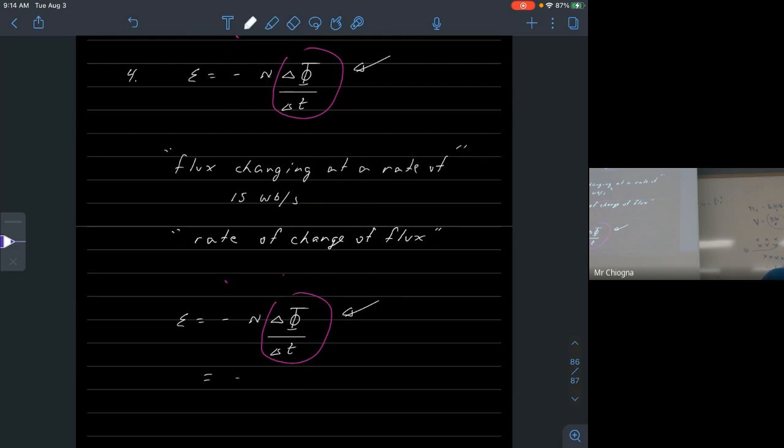So we have the turns, and we have the flux changing at a rate of 15. So that's what I circled there is 15. That's it. That is negative 7.5 volts.